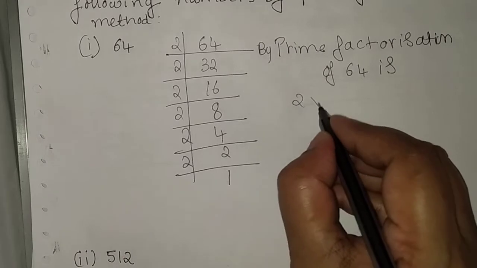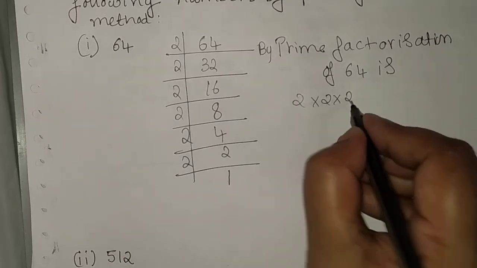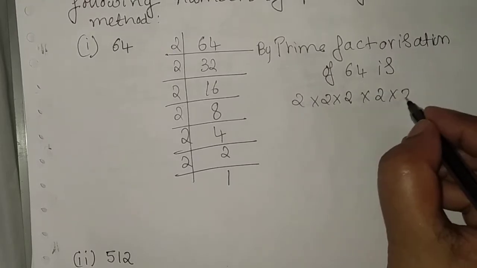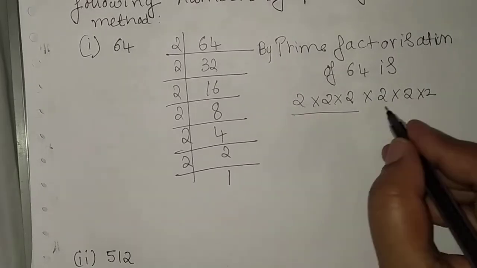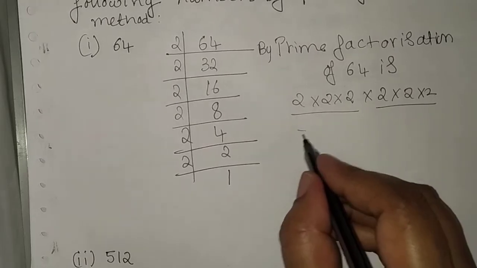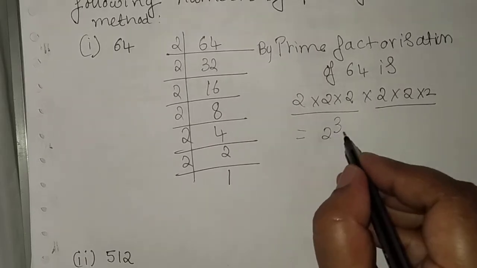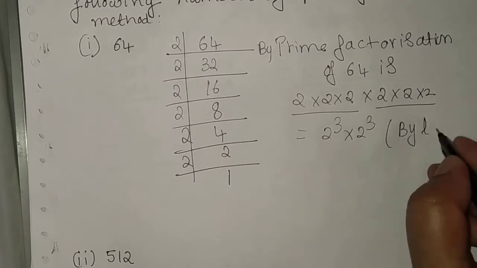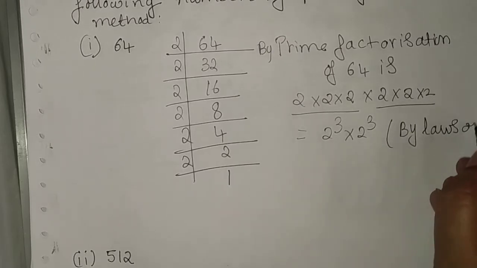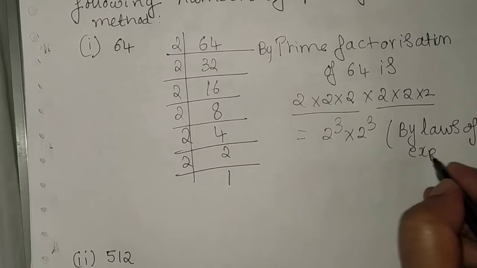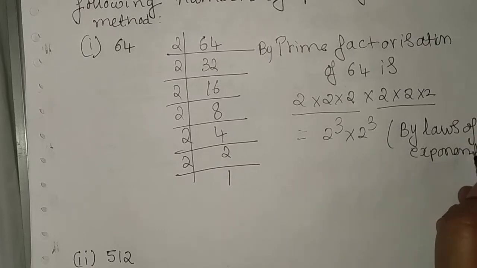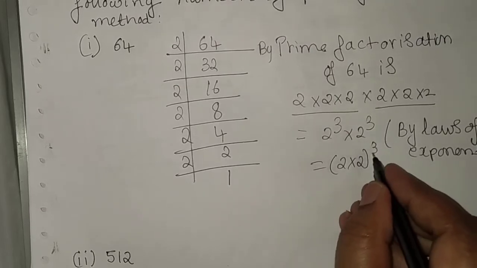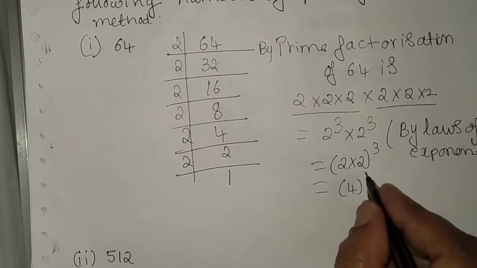Then group into triplets. How many 2s are there? 6, correct, 6 are there. So group them into triplets. Finally we get 2 cube into 2 cube. By laws of exponents, we write 2 into 2 cube, which is equal to 4 cube.